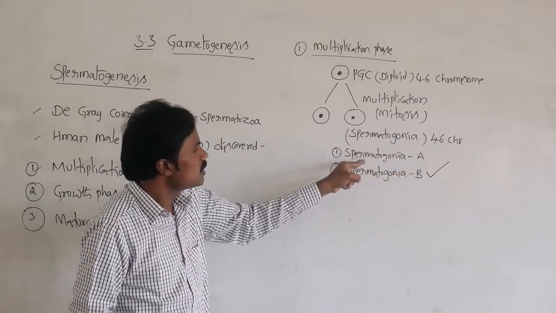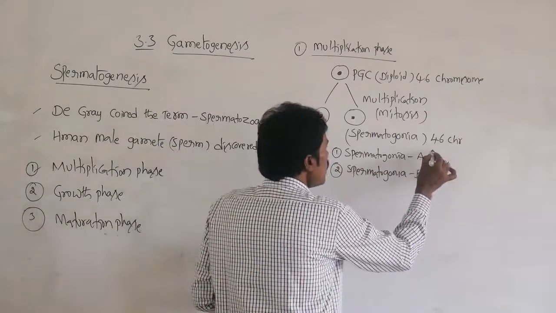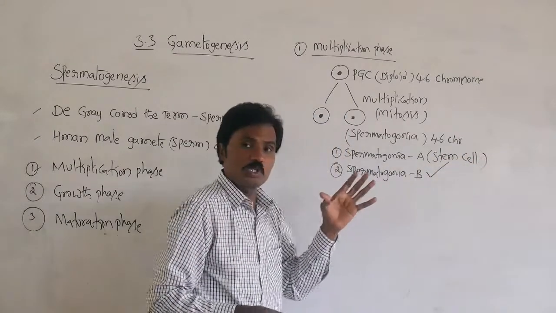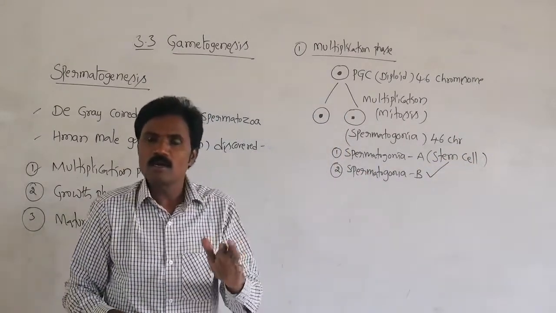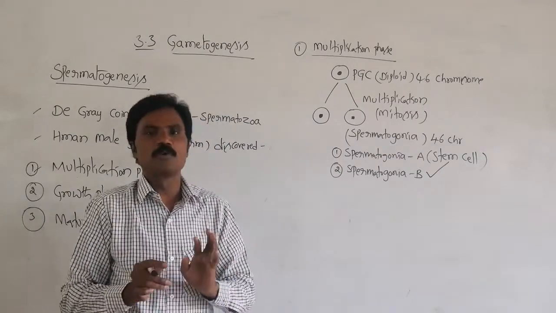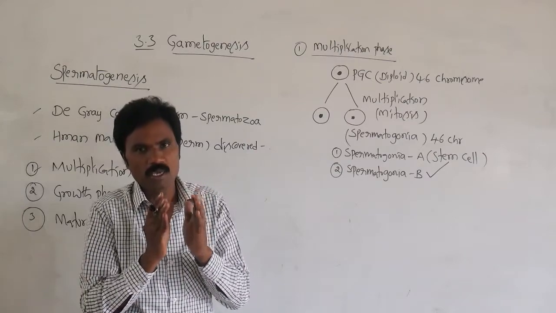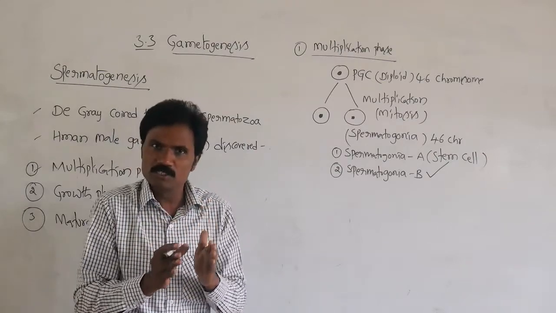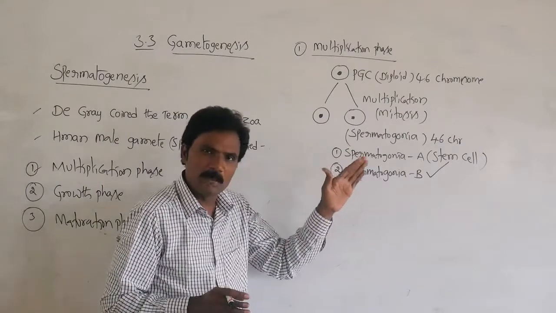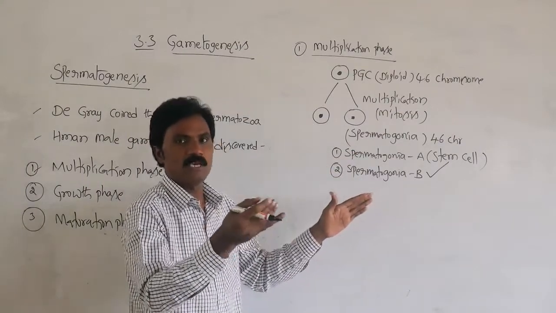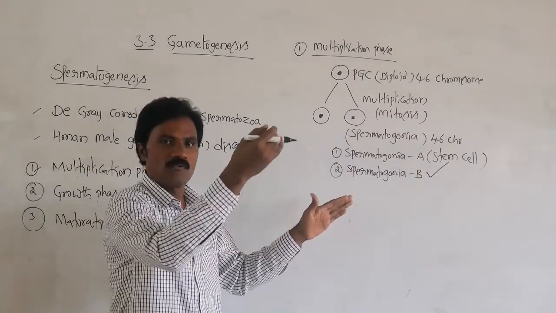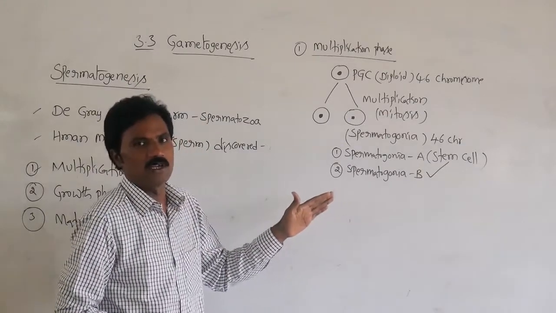What about spermatogonia A? It acts as a stem cell, ready for the next round of multiplication and division. After mitotic division it again forms only spermatogonia, whereas spermatogonia B goes through the growth and maturation phases and forms the male gametes.